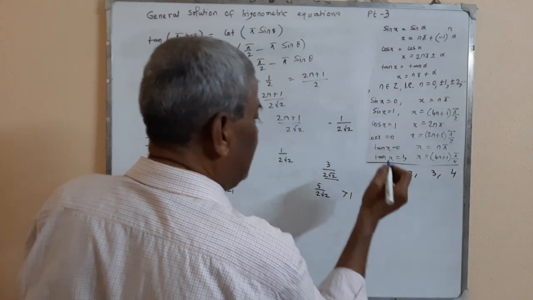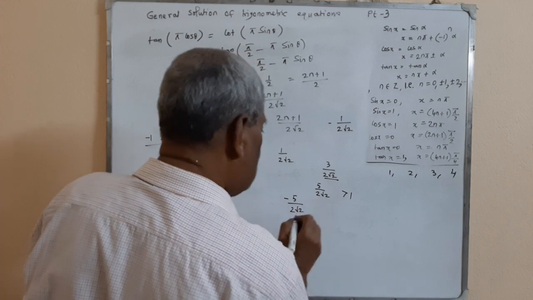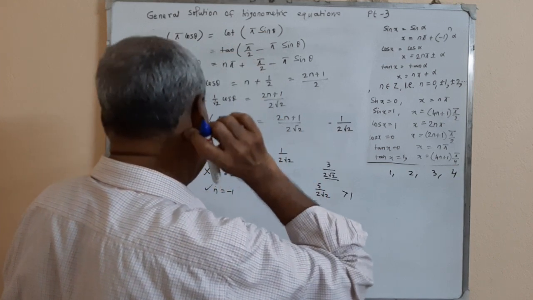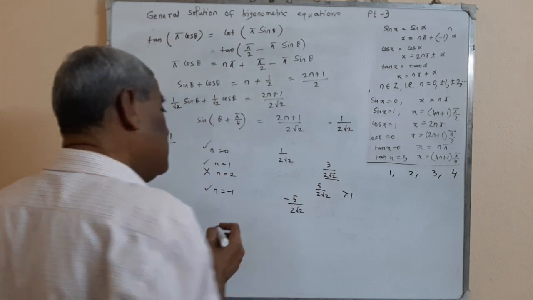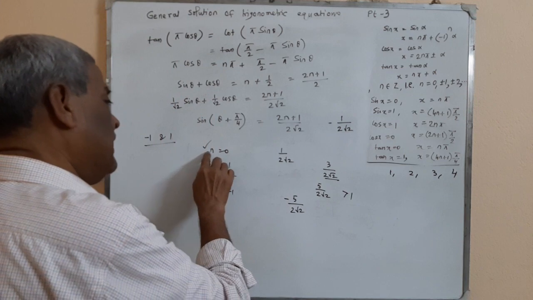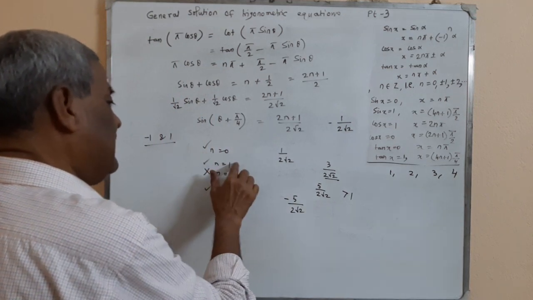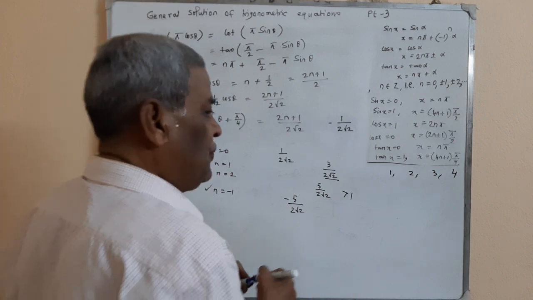So it is minus 5 by 2 root 2. It is not admissible. It is less than minus 1. So 3 admissible values of n are there. One is n is equal to 0, other is n is equal to 1, and n is equal to minus 1. So answer is 3.